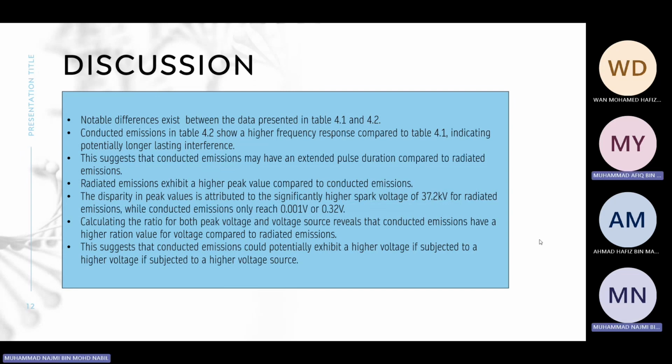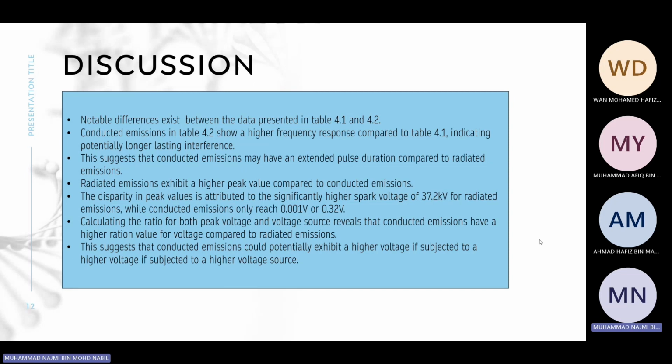And radiated emission exhibits a higher peak value compared to conductor emission. The disparity in peak values is attributed to the significantly higher spark voltage of 37.2 kV for radiated emission, while conductor emission only reaches 0.001 volt or 0.32 volt.